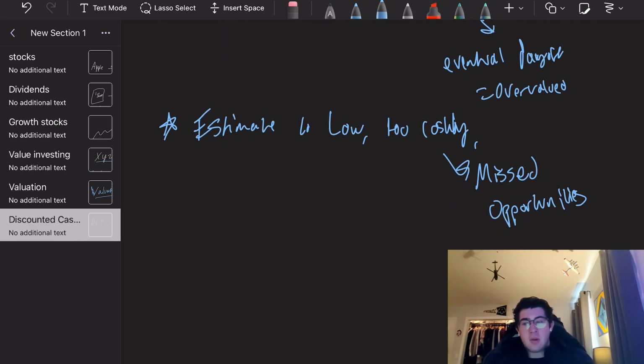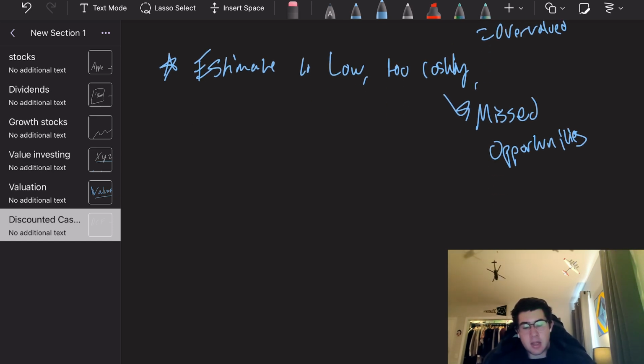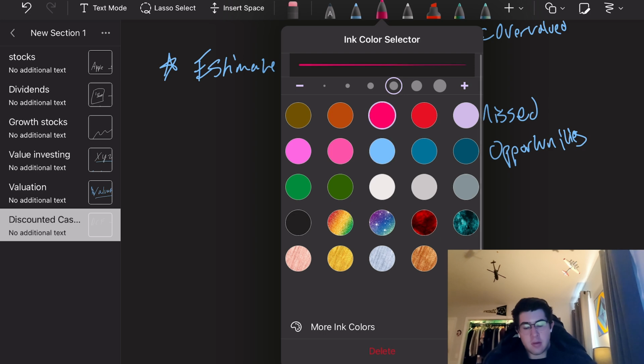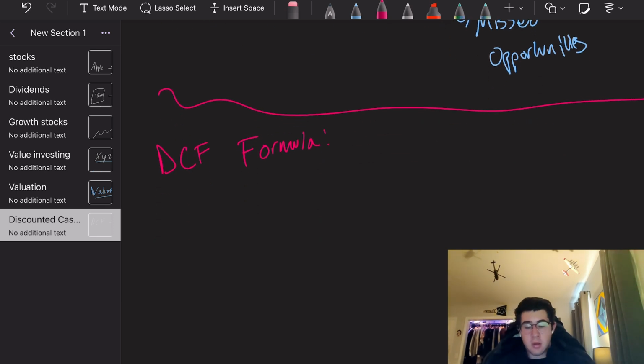And now, how do you actually find what the discounted cash flow is? Well, here we go. It's the main part of the whole thing right here. The formula for a DCF is right here.